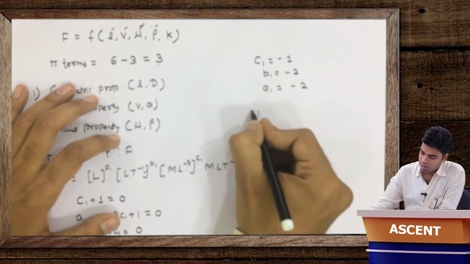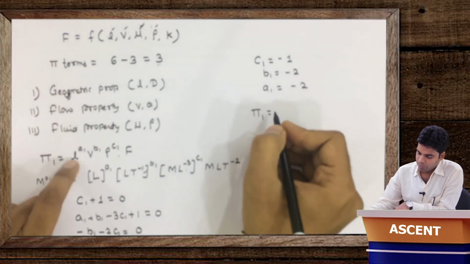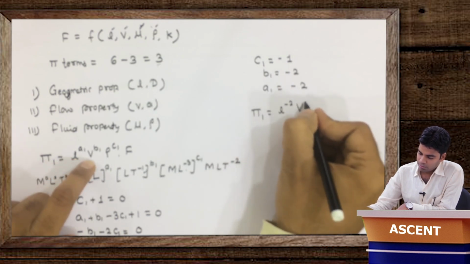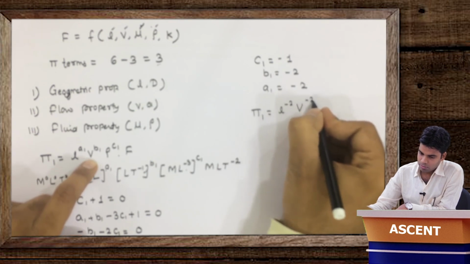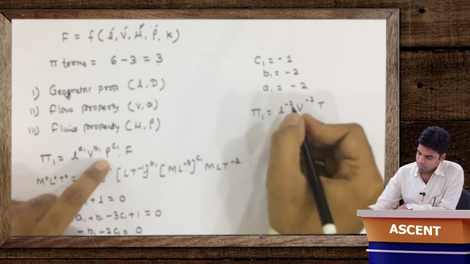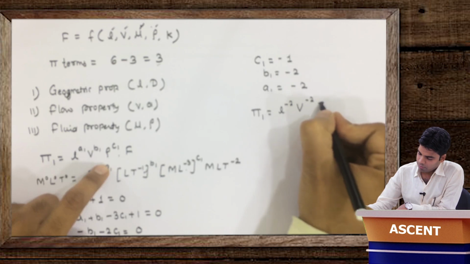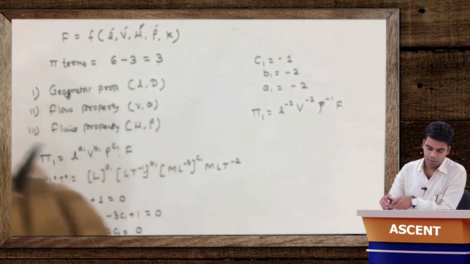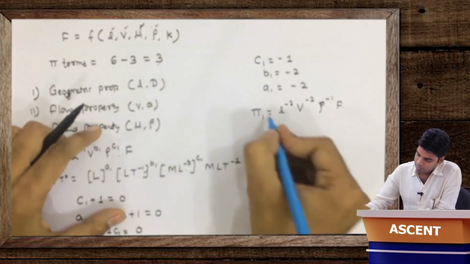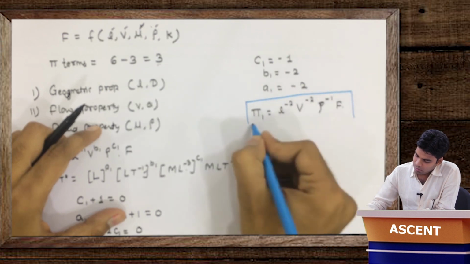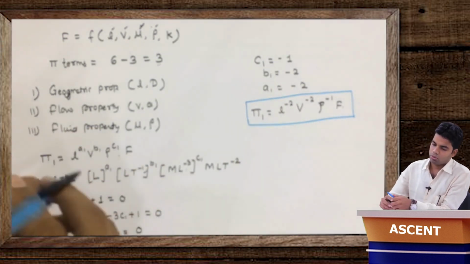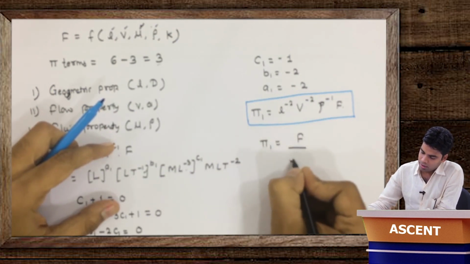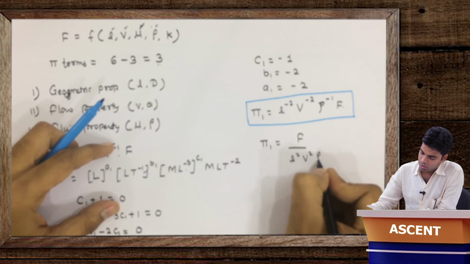So pi 1 will be equal to L to the power minus 2, v to the power minus 2, rho to the power minus 1, into f. This is how we can form this pi term, or you can write it as pi 1 is equal to f by L squared v squared rho.